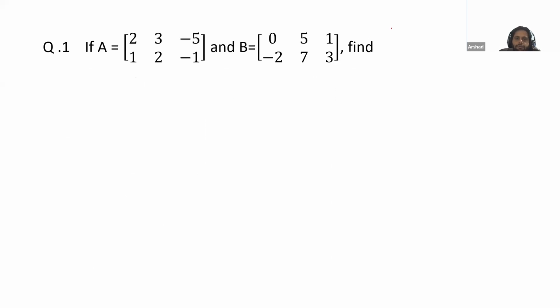Now, for example, this one, please find A plus B and tell me the answer. You can tell me the answer row wise. Anyone can tell me the answer?